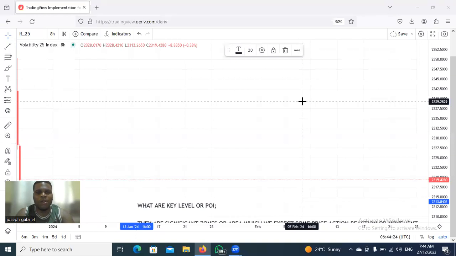Because I understand many traders don't really know how to identify their key levels or key zones, where they expect the market to come to, to test their key level or get some market or price reactions before price moves to the anticipated direction. So I'm going to be showing you guys how you can identify your key levels in this video.